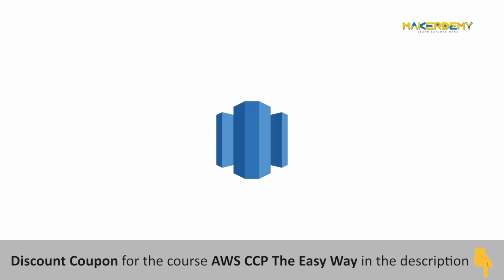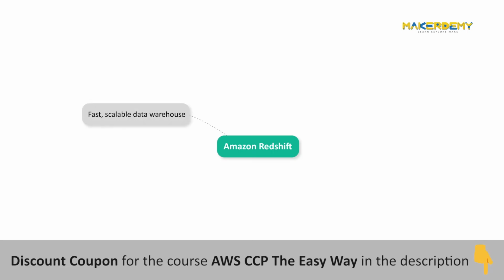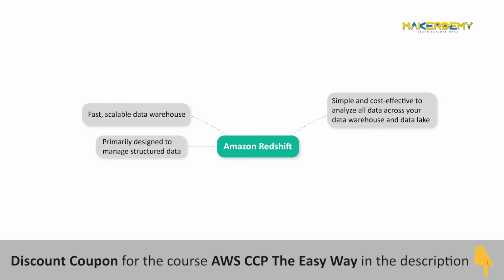Amazon Redshift. Amazon Redshift is a fast, scalable data warehouse that makes it simple and cost-effective to analyze all your data across your data warehouse and data lake. Redshift is primarily designed to manage structured data. As well as storing data, Amazon Redshift is also able to process and transform the data within the database.